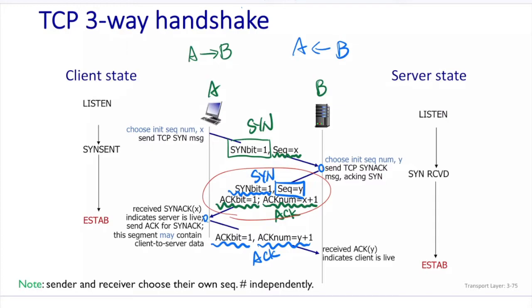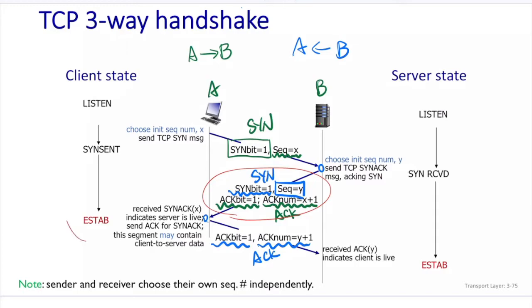So only 3 segments will be exchanged, but the second segment has the green ACK and the blue SYN. Basically only 1 packet is sent from B to A. So verbally, we use the word TCP three-way handshaking. Three-way means there are 3 packets, and it reads as SYN, SYN-ACK, ACK, 3 packets.